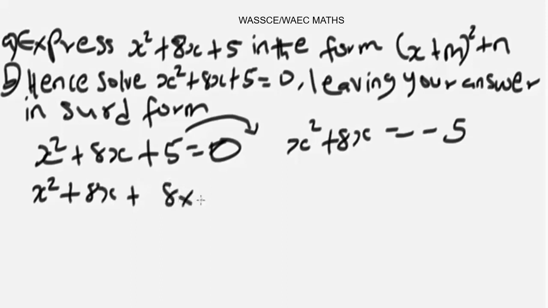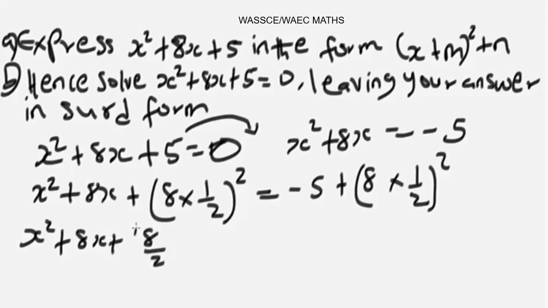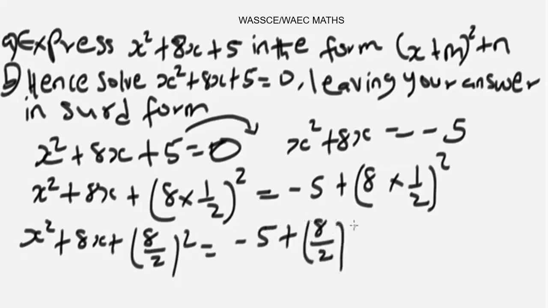Then we have 8 times half, squared, equals, at the right, minus 5 plus 8 times half, squared. When you break this down, you have x squared plus 8x plus (8 over 2) squared equals minus 5 plus (8 over 2) squared.